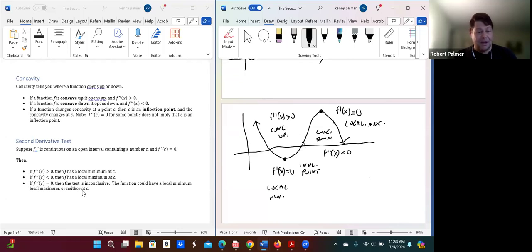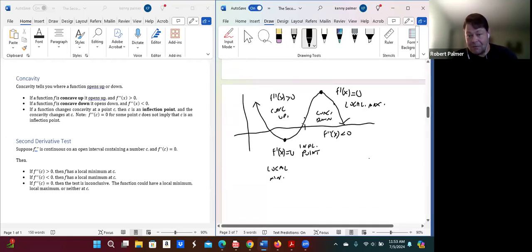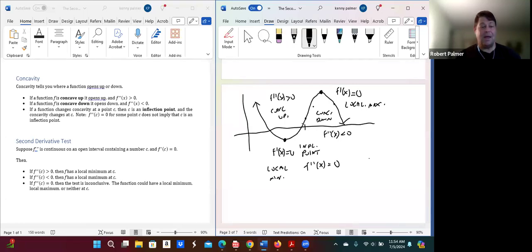Now also it says if the second derivative is 0, the test is inconclusive. And that's what's true right here at our inflection point. At the inflection point, where the concavity changes, the second derivative is equal to 0, and that's inconclusive. That place could be an inflection point, a local maximum, a local minimum, or neither.